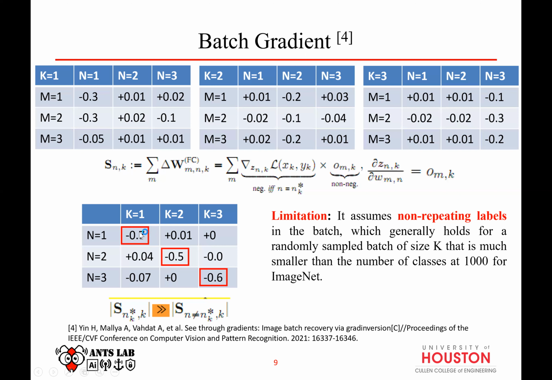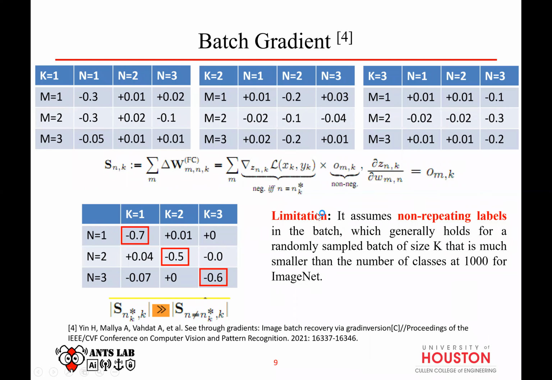And also we can see that the magnitude of the value is always larger than the others, where the output is not the right label. So even if the gradient is averaged, we can still identify the labels in this batch.